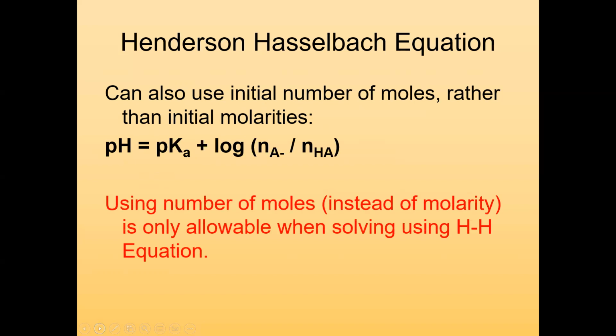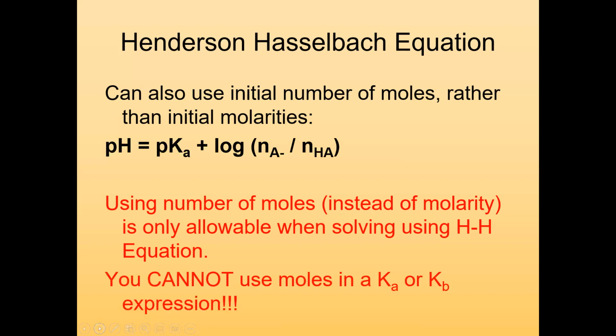Using the number of moles instead of molarity is only allowable when you're using the Henderson-Hasselbalch equation. You are not going to be able to plug in moles in an ICE table, only in Henderson-Hasselbalch. And remember, whenever we did ICE tables and we solved for Ka and Kb, you cannot use moles in Ka and Kb. It has to be molarity. But with Henderson-Hasselbalch, you can use moles.